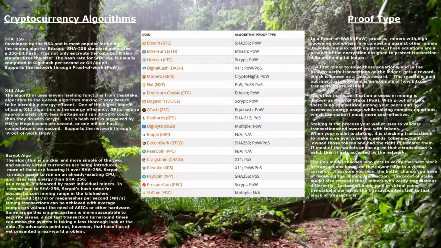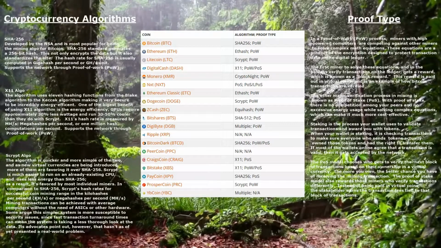So in a proof of work mining model, the miners with high-powered computers are competing against other miners to solve complex math equations. These equations are a product of the encryption designed to protect transaction data on the digital ledger.